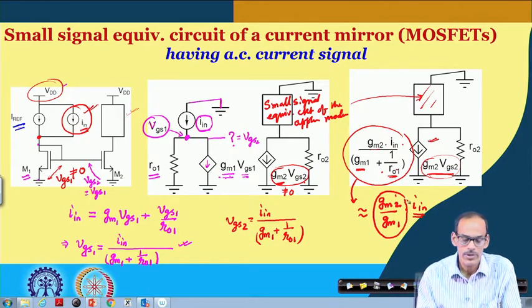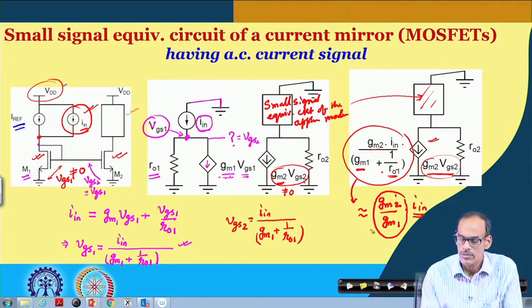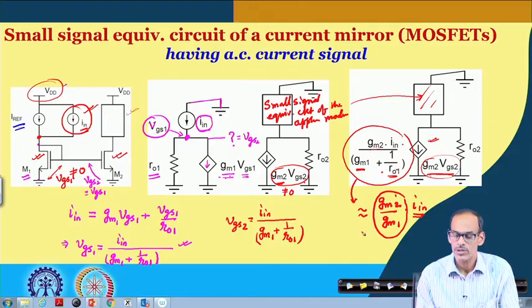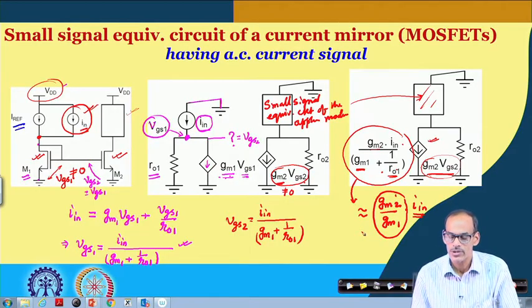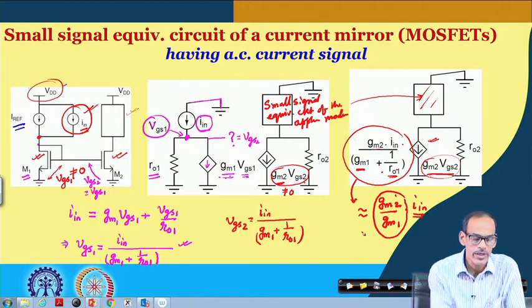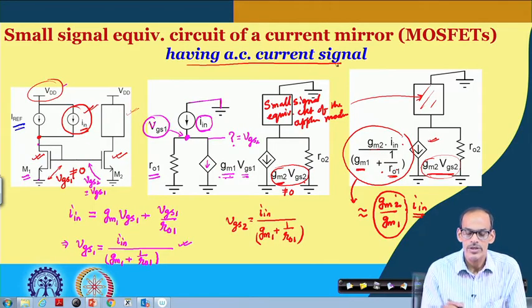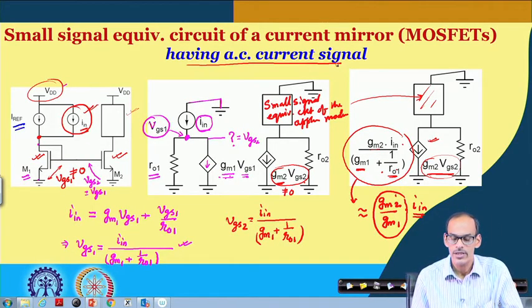Now, depending on the aspect ratio of these two transistors, it may provide a gain, or it may be equal to 1, or sometimes, depending on the situation, it may even be less than 1. That is how we consider the small signal equivalent circuit when the current mirror is carrying a signal current. If the current mirror has an AC current signal entering into it, it conveys the current to the other side.